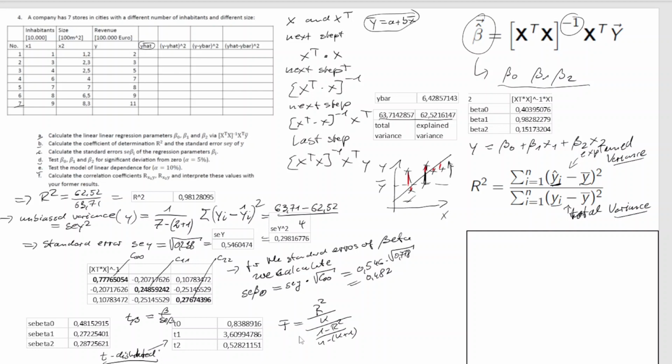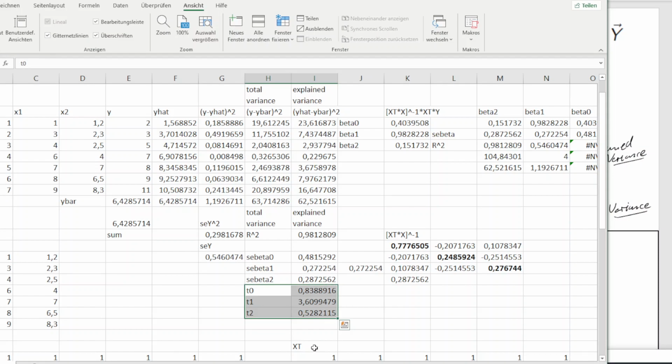And this then we have to calculate. Let's go here. This means f is r squared. We have r squared here over k. This was 2.